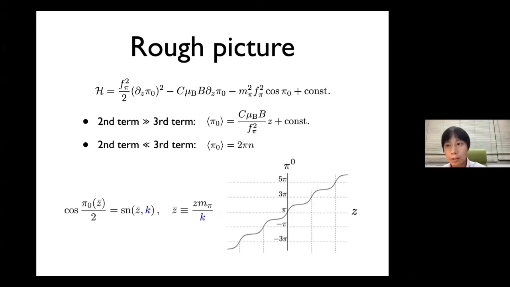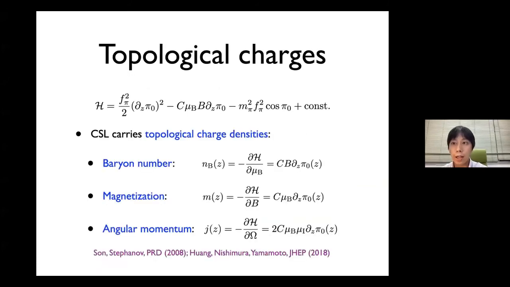Now, I want to argue also that this ground state carries a finite topological charge, several types of topological charge. Actually, this system has several topological charges, such as baryon number, magnetization, and angular momentum.